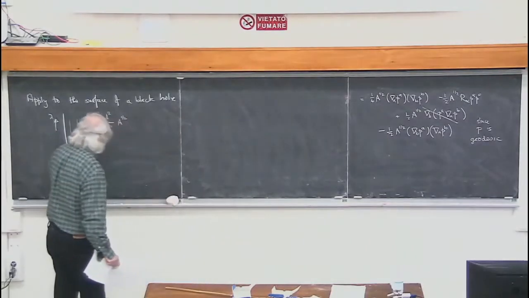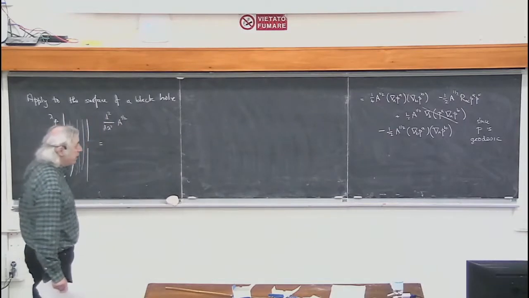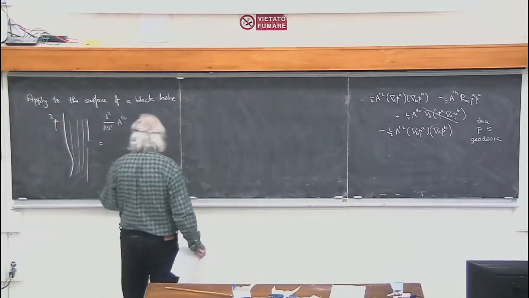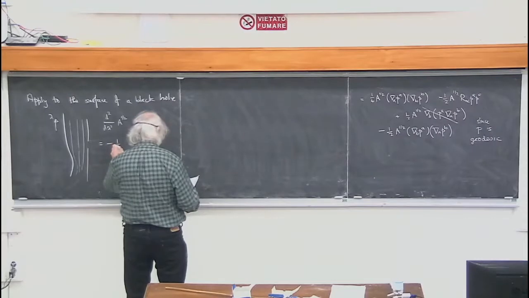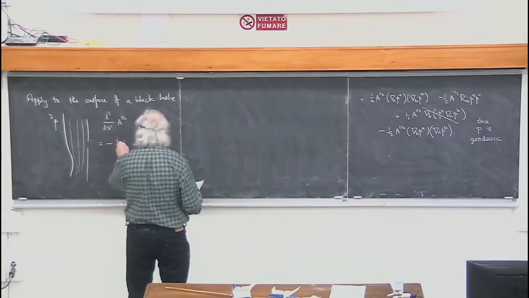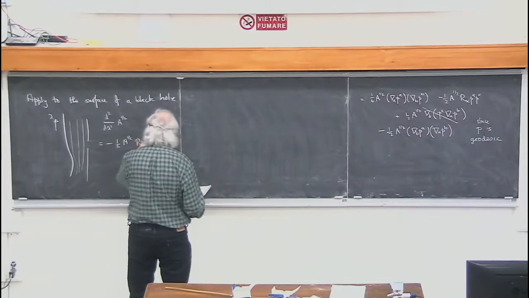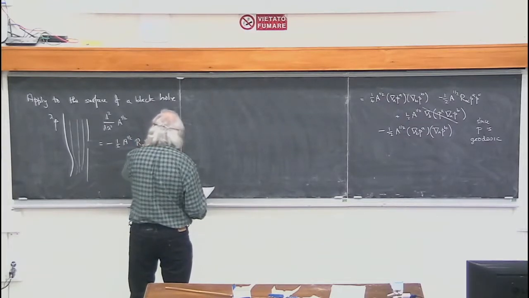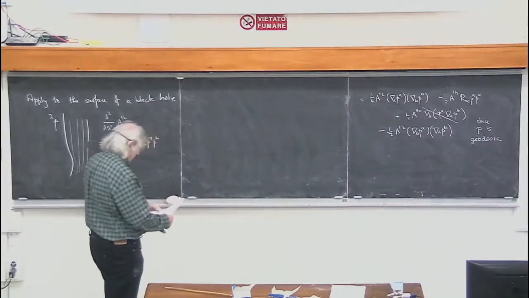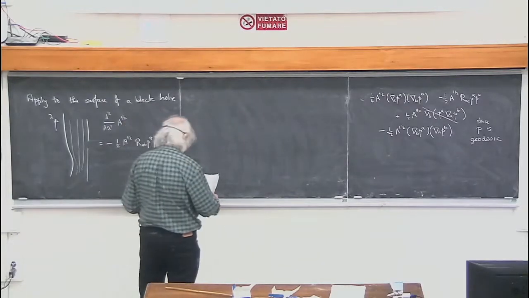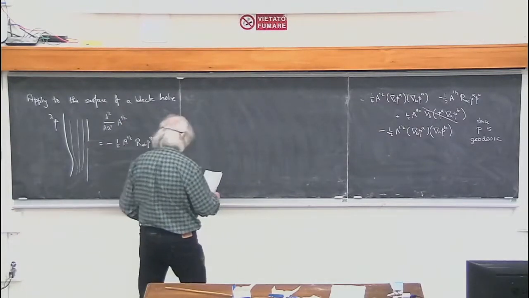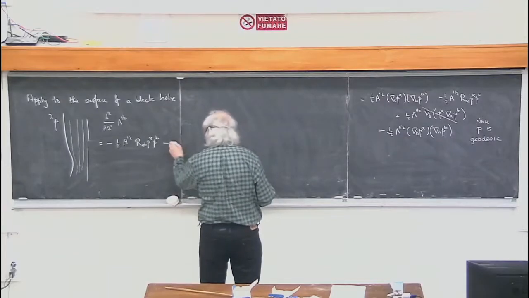The second derivative of a to the half is equal to minus a half, a to the half, RAB PA PB, plus, I guess minus, what is usually called sigma squared.